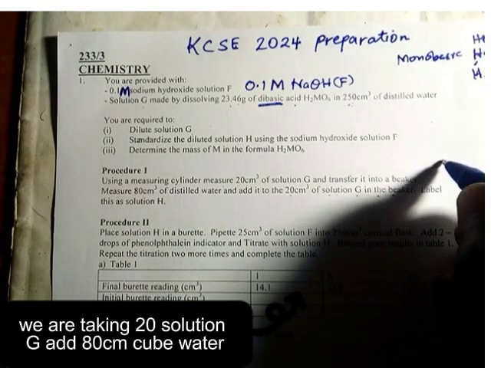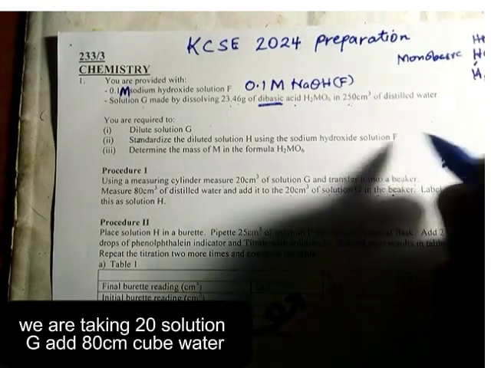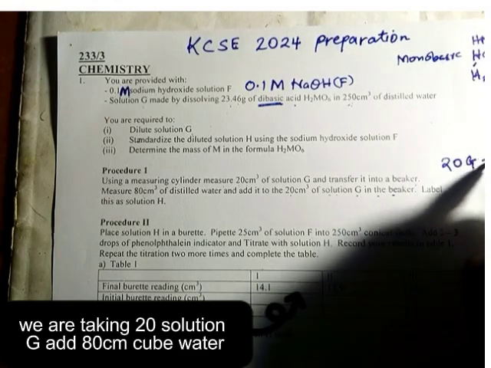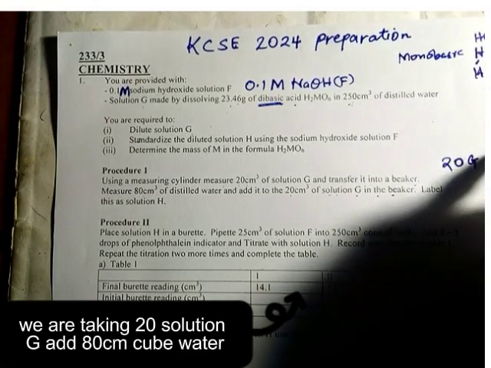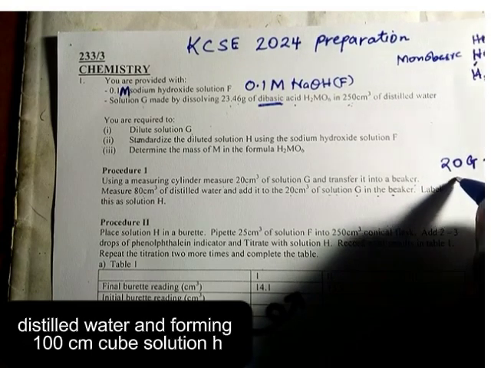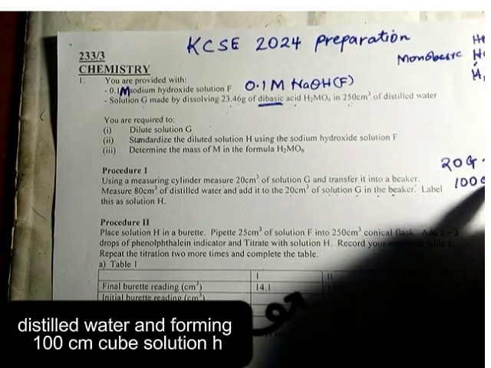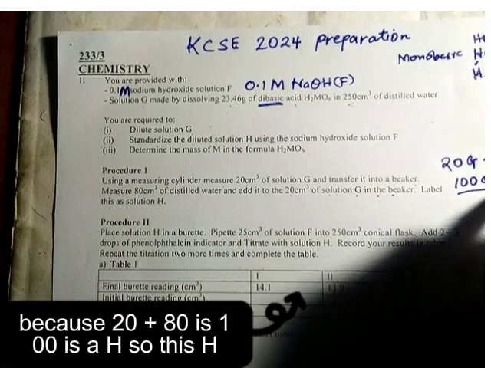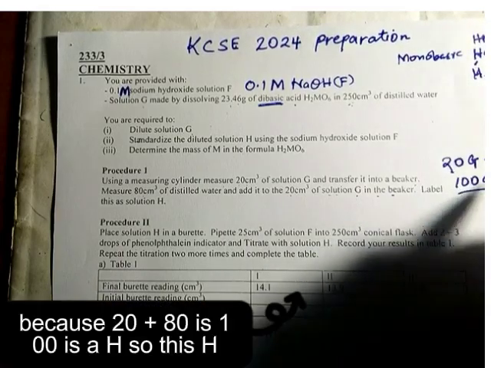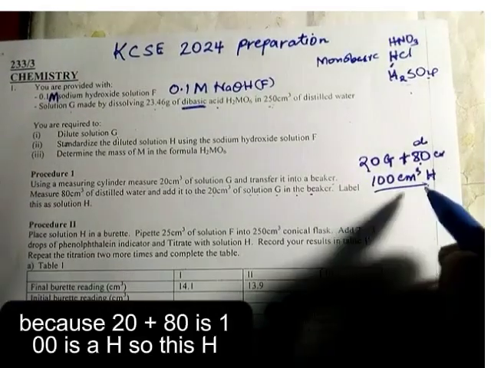We are taking 20 of solution G, adding 80 centimeters cube of distilled water, forming 100 centimeters cube of solution H, because 20 plus 80 is 100.